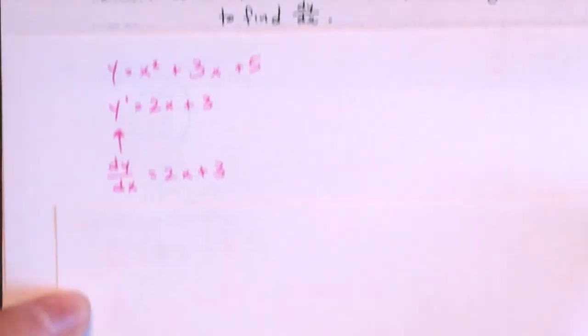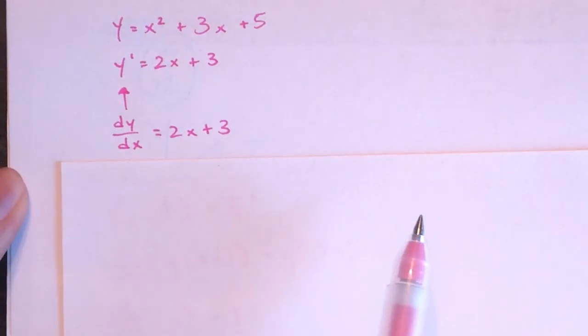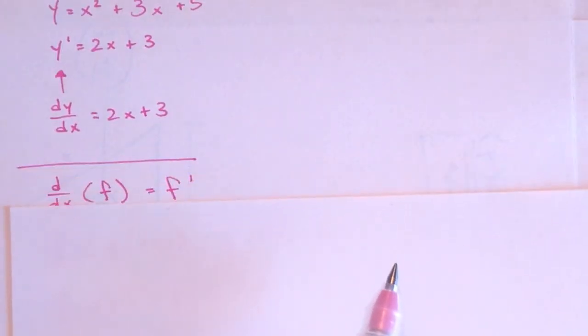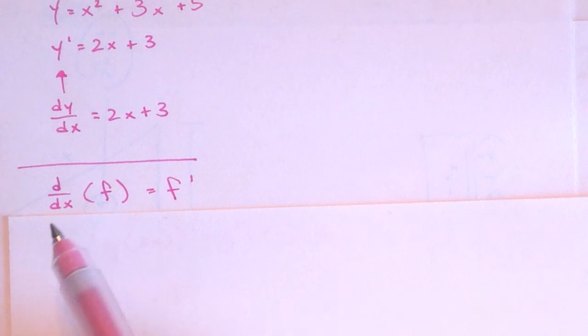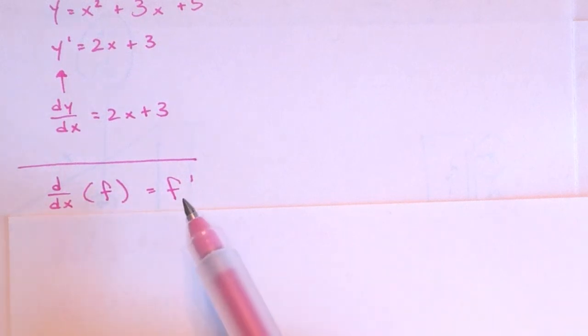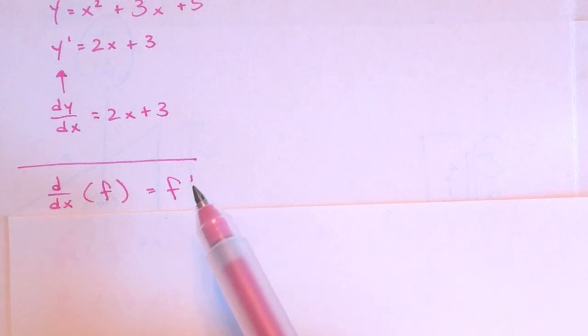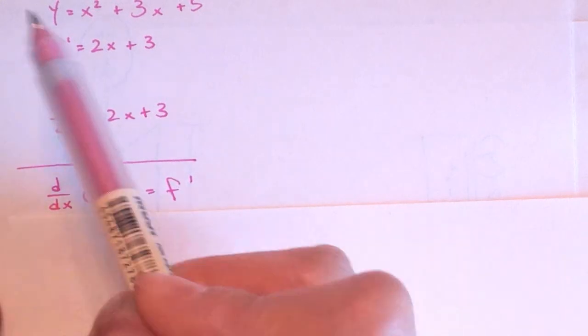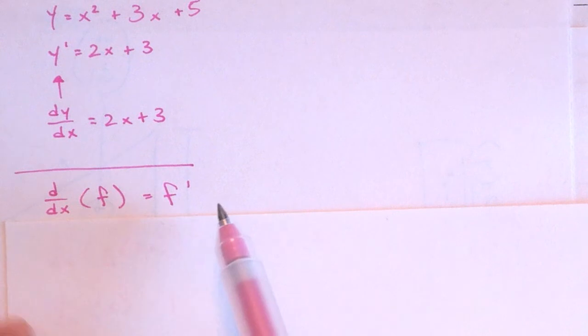Okay, so a little more reminders. If you take the derivative of any function in terms of x, you get that function prime, right? So the derivative of y is y prime. The derivative of f is f prime.